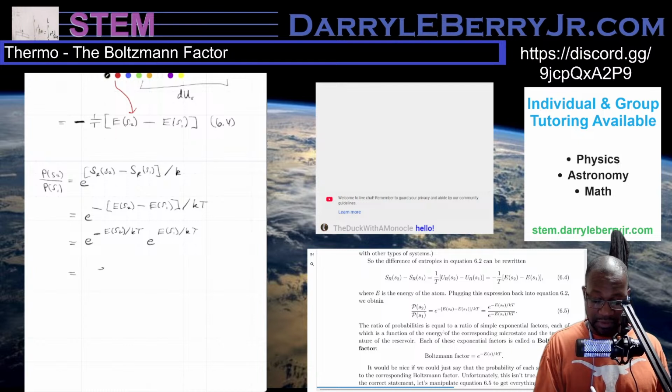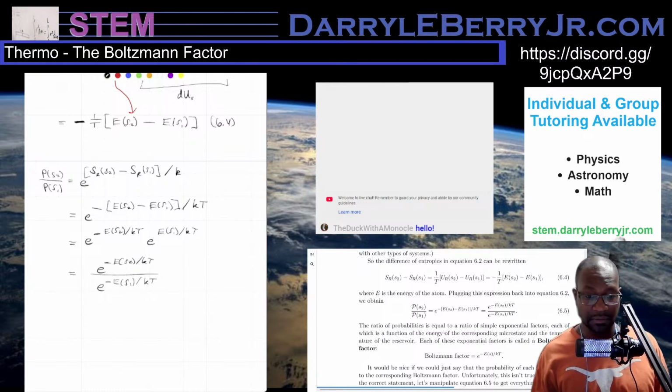So this is going to be e to the negative E_S2 over kT divided by e to the negative E_S1 over kT, which is what the book has.